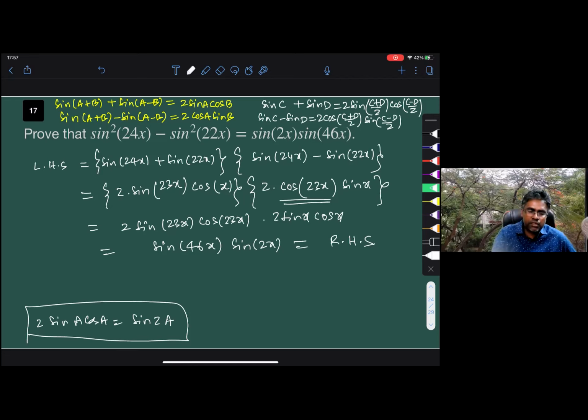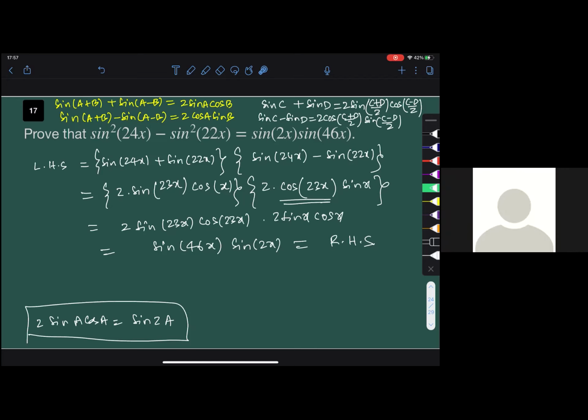So I'm considering a plus b as c, a minus b as d, so that you will get this identity. Able to follow, Harsha? Not really, sir.